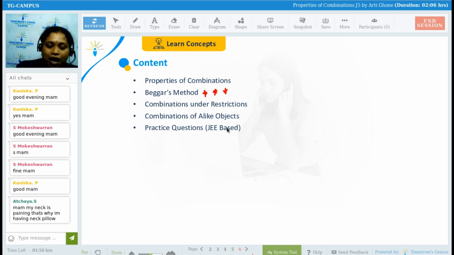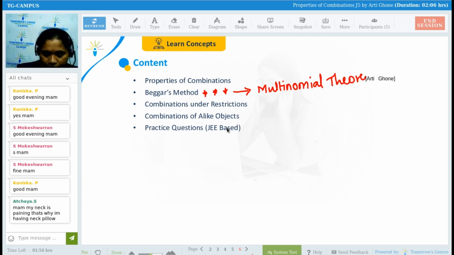This method has an optional alternative: either you can solve with the multinomial theorem, a calculation pattern, but the multinomial theorem increases your calculation. Okay. So in today's lecture, I am going to teach you Beggar's method.